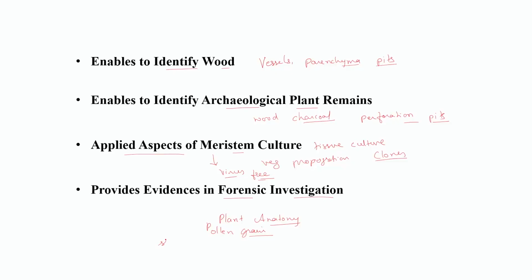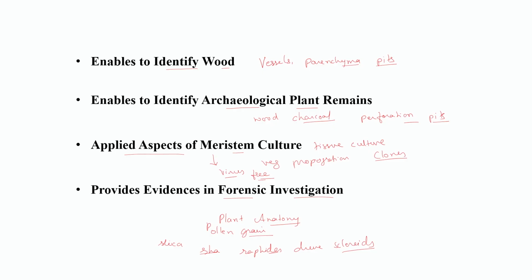All those things like silica bodies, raphides, which we have discussed are crystals, like druse, and sclereids, all these things could be identified, and on this basis the plant could be identified.